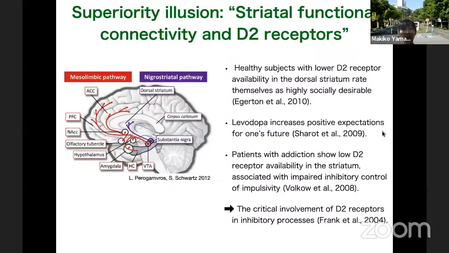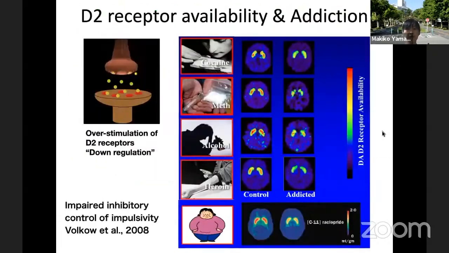And in the case of patients with addiction, they show low D2 receptor availability in the striatum, which is associated with impaired inhibitory control of impulsivity. This shows D2 receptor availability in addicted people and control subjects: cocaine, alcohol, and obese people who are food addicted.